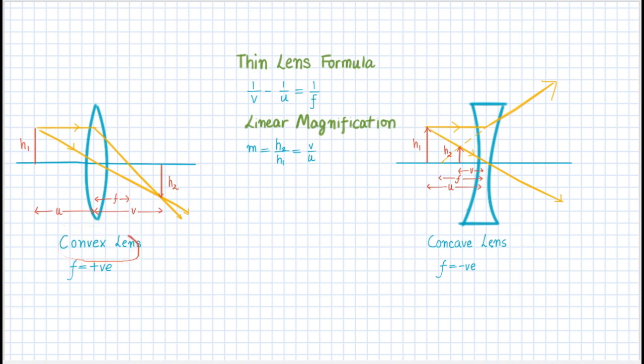Now note, if it has a positive focal length, what do you see? The image formed in this case is converging. So we also call this lens a converging lens.